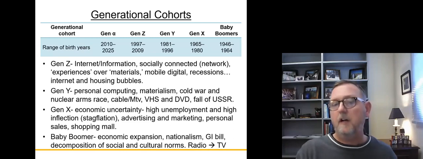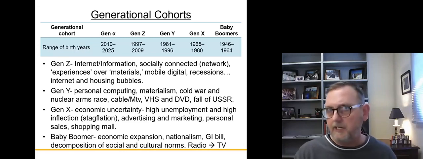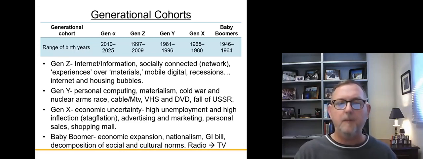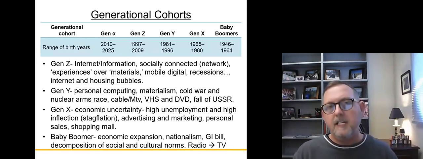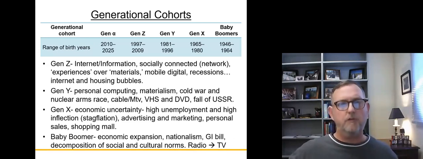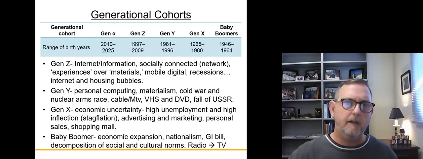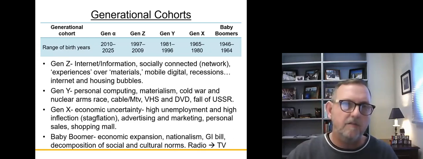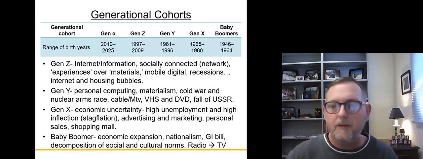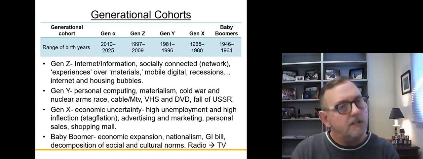It's called stagflation. That was a big deal in the early 80s, right? Baby boomers were born largely right after World War II, for a long period of time, and they experienced enormous growth in the economy. And so their purchase patterns are that way. That's the way they do things.